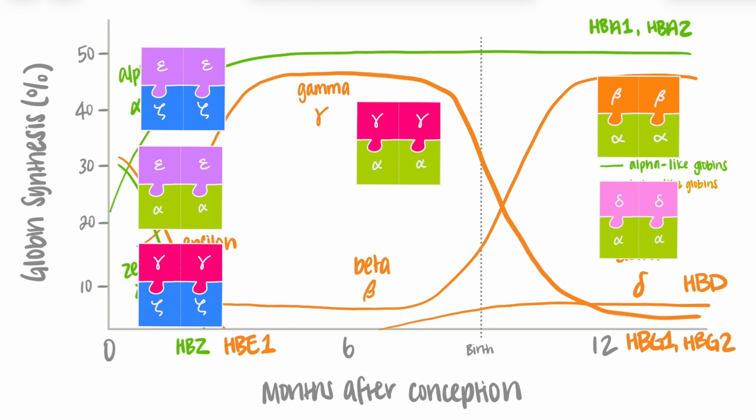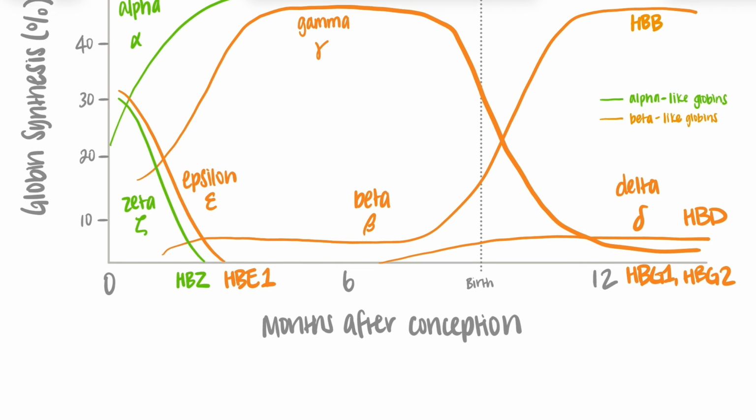These are the main forms or variants of hemoglobin found in red blood cells throughout our development. However, there are other abnormal hemoglobins that can result from mutations to one of these globin chains. For example, sickle cell disease results from a single nucleotide substitution in the HBB gene.